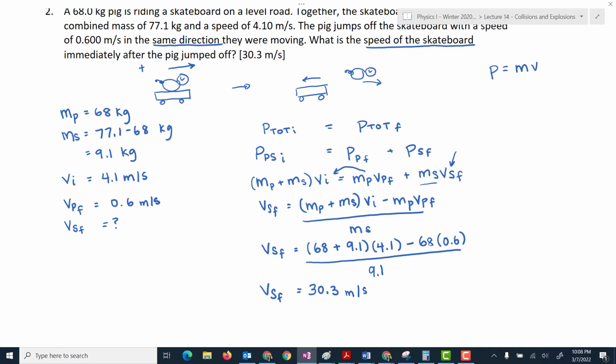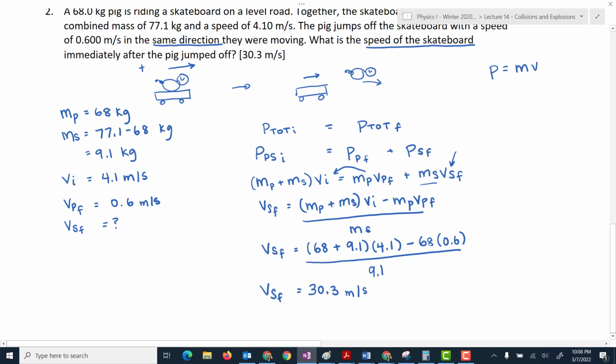Well, look, I got a positive answer for my value here. So that means that my initial assumption that the skateboard was going to be moving backwards wasn't correct. It's still moving forward. So the pig jumps off of it, and initially they were moving at 4.1 meters per second. The pig jumps off at a certain speed, and now the skateboard is super light because it doesn't have the pig's weight on it, and it moves faster than before.